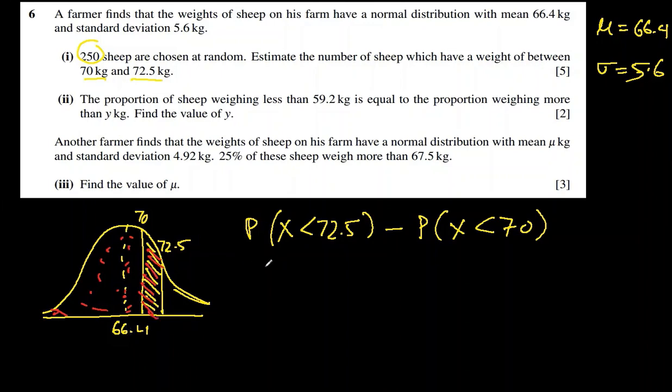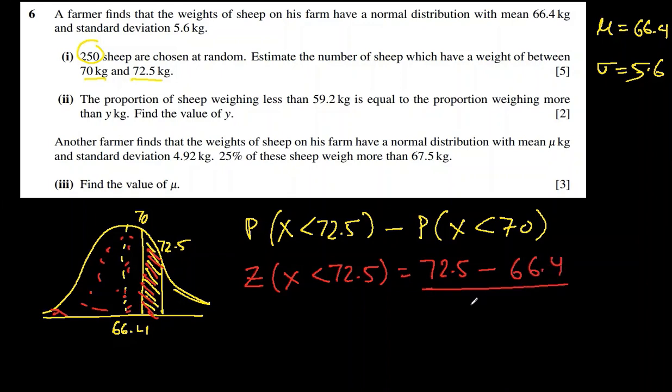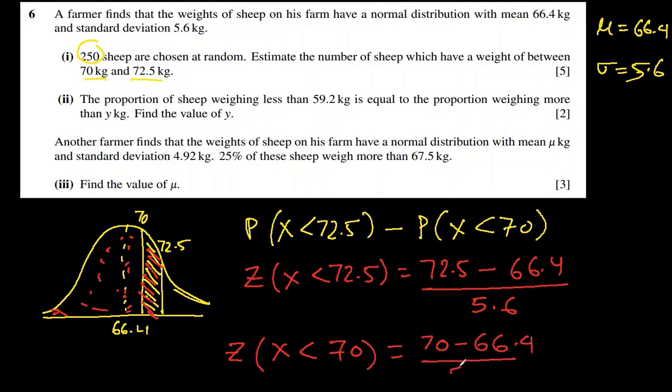So let's find z for x less than 72.5 first. It will be 72.5 minus the mean, which is 66.4, divided by the standard deviation 5.6. Similarly, we'll find the z-score for x less than 70, which will be 70 minus 66.4 over 5.6.